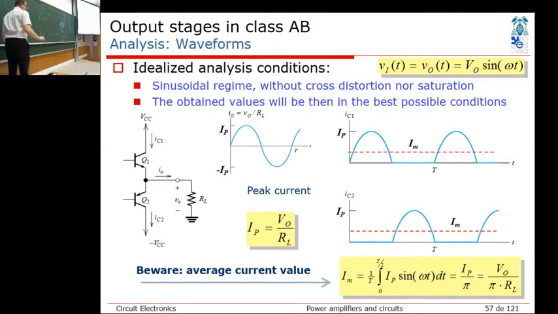So this is a negative cycle, but positive value for that direction of current, this would be positive. And again we have the same I peak, and also, if it's well matched, then you will have also the same mean current, root mean square current.